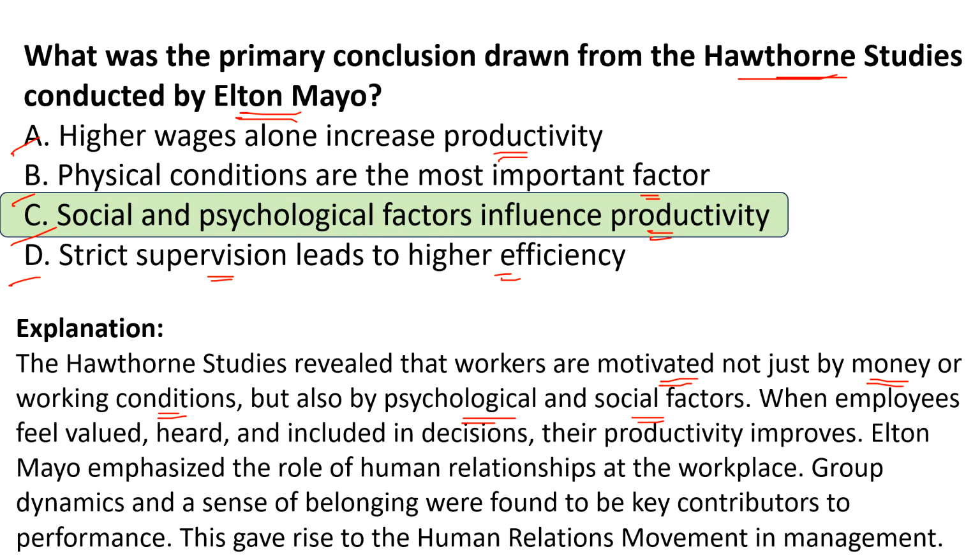They can be satisfied by psychological or social factors as well. When employees feel valued, heard, and included in decisions, their productivity improves. Definitely it will give them more confidence to speak and to work, and they will be satisfied doing the work.